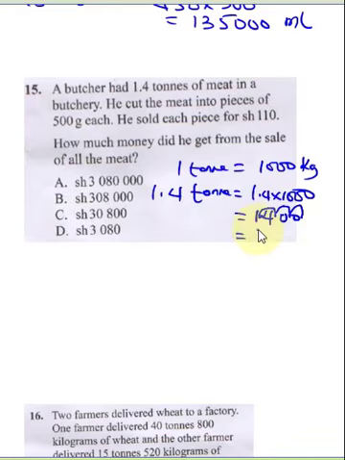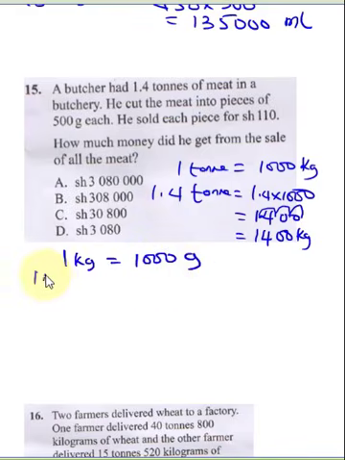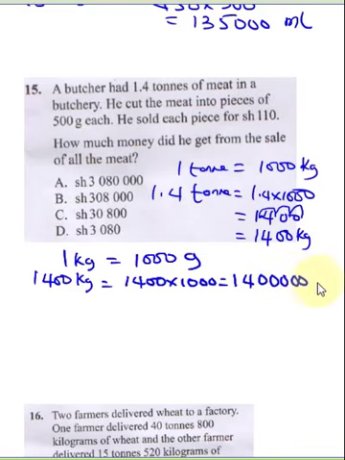So that's going to give us 1400 kg. That's 1.4 ton. So the next thing we're going to do here, 1 kg will give us 1000 grams. So 1400 kg is going to give us 14 times 1000, and that's going to give us 14 followed by 5 zeros: 1, 2, 3, 4, 5 grams.